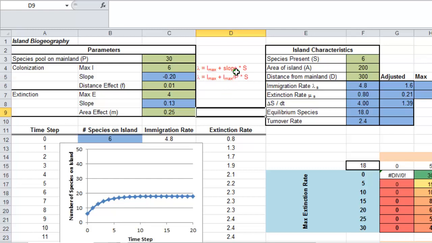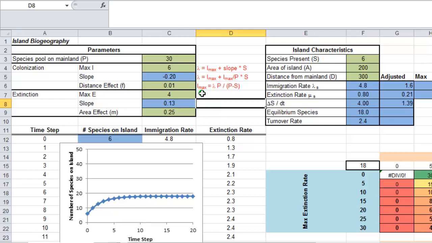So here we go. I've just replaced the slope again with the maximum I divided by P. And then the next step then is to solve for what I max would be. And there are a few steps involved here. I'm just going to cut right to the chase and give you that result. And we'll play around with this derivation in the sandbox.